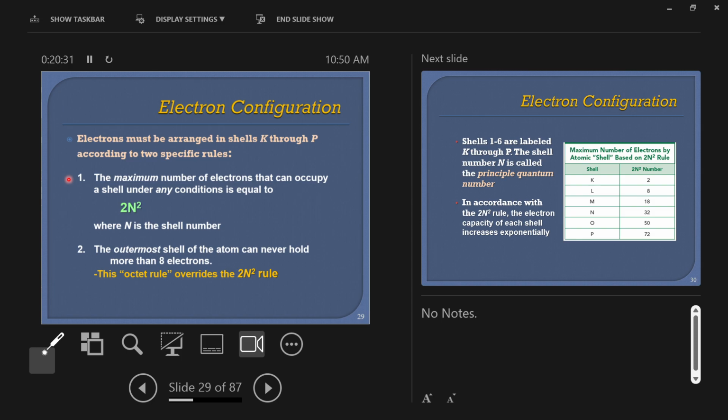The octet rule says the outermost shell of an atom, no matter what the 2n squared rule says it can do, can only ever hold 8. And not just that, 8 is the maximum for the outermost shell, but if it has less than 8, that atom is going to try to bond with any other atoms that it can so that it can borrow as many as it needs to get to 8.